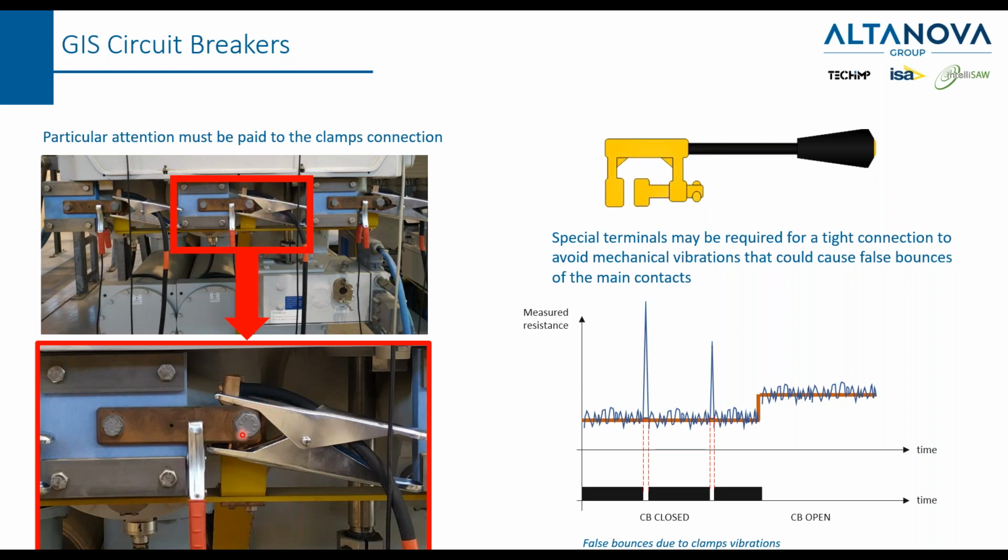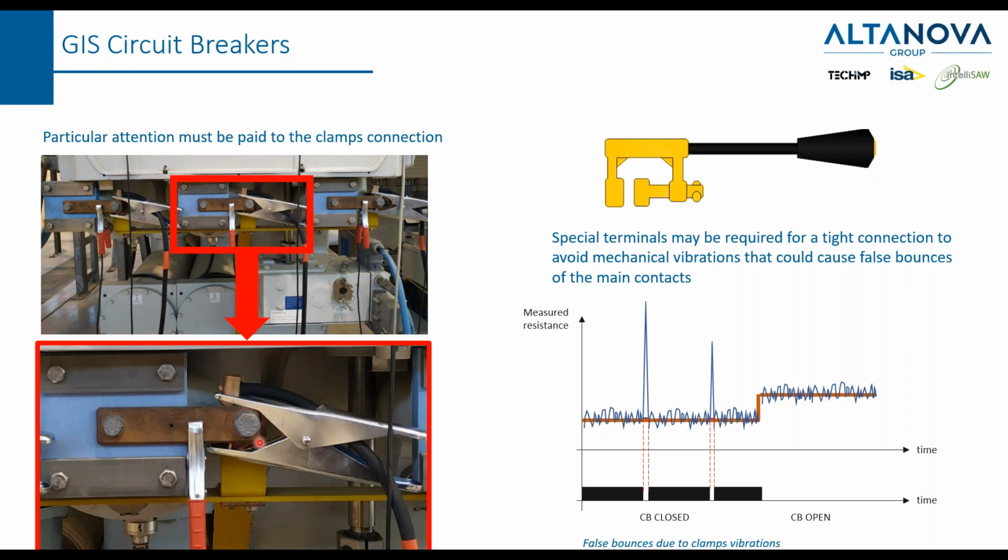This is an example. You can see in this case we try to use a quite standard clamp. You see from the picture here that the contact is, let's say, quite good, but maybe not the best. So when you operate the circuit breaker, the vibrations of the movement may reflect in the vibration of the clamp.